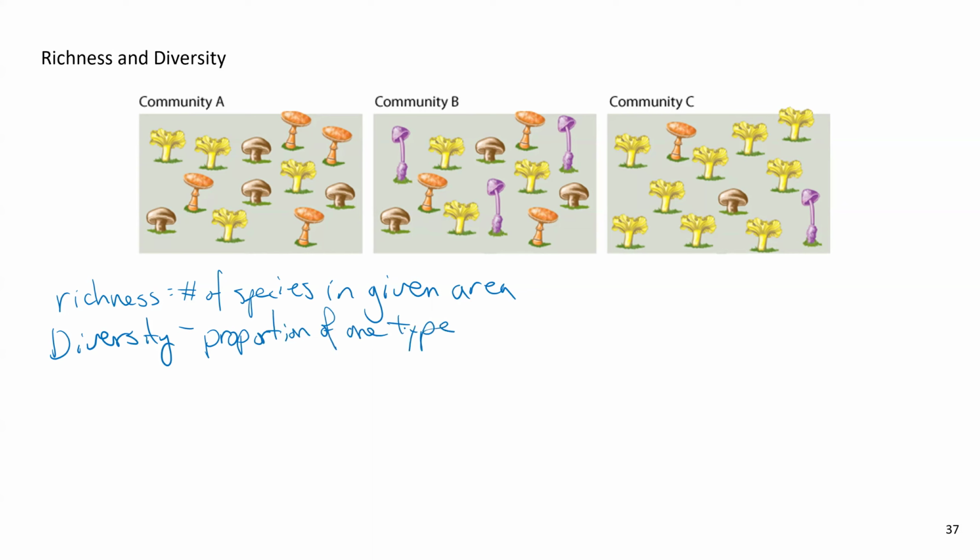So up here, we're looking at mushrooms, or you could look at the tree diversity. And for diversity, we use the Shannon Diversity Index. No calculations on the final like we had on the test. But you should know the difference between richness and diversity.